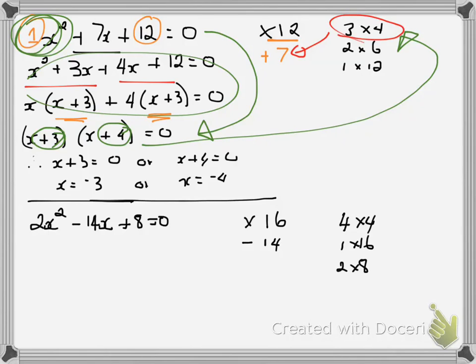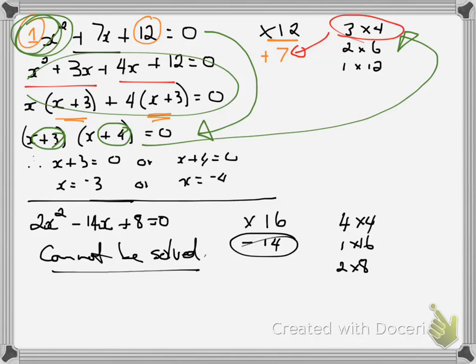That's it. Therefore, since none of these will add up to give you that, this question cannot be solved. Bit of a bummer. But that's the way the cookie crumbles.